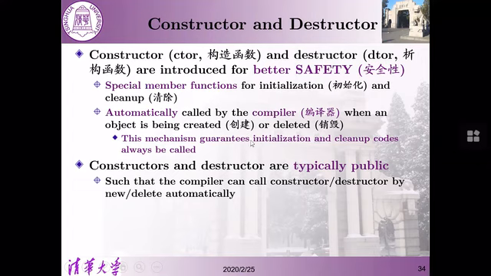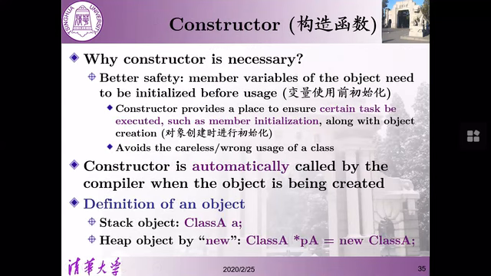So this guarantees that the initialization and cleanup will always be executed. This avoids the errors caused by careless users, right? Constructor and destructor are typically public. Otherwise, there may be compiling errors.